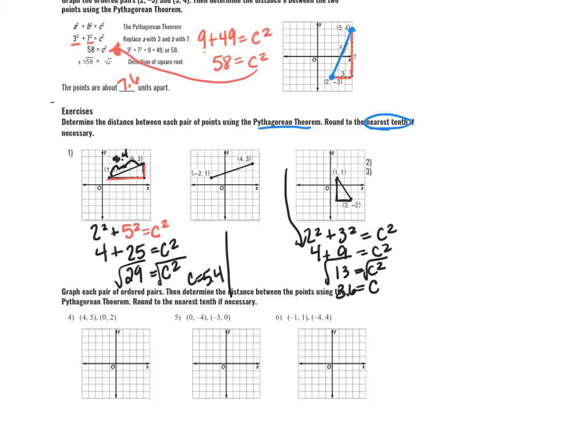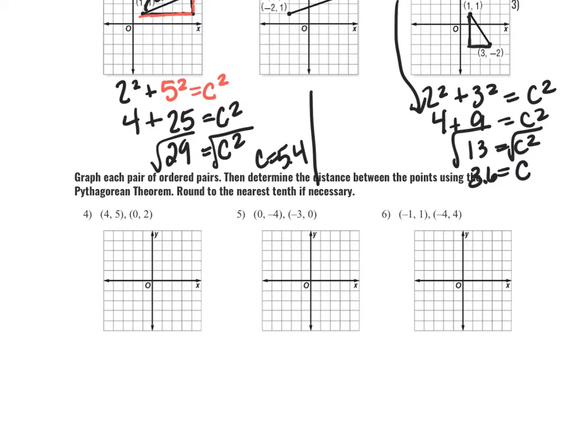Okay, now these examples ask you to graph the pairs first. So we're going to graph the pairs. We're going to graph (4, 5), 1, 2, 3, 4, 1, 2, 3, 4, 5, and then (0, 2), so 0, 1, 2, and then you're going to draw a diagonal to connect those 2 points, and that's going to create your hypotenuse for you.